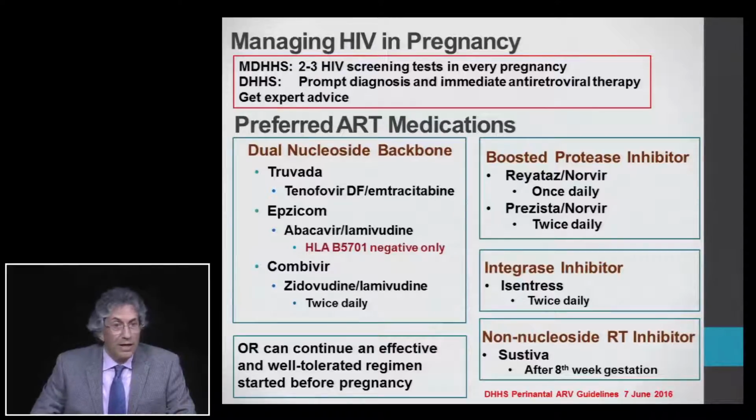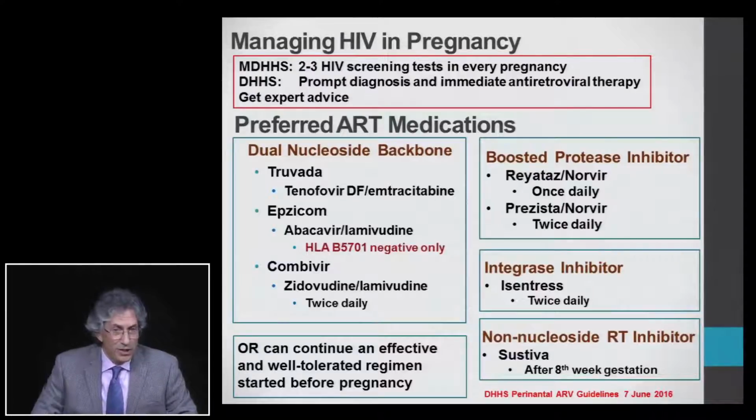Oh, I should also mention that if someone becomes pregnant when they're on an effective regimen, you don't have to change them. If they're doing well, the virus is suppressed, and they're not having any toxicity, they can continue to take their regimen.